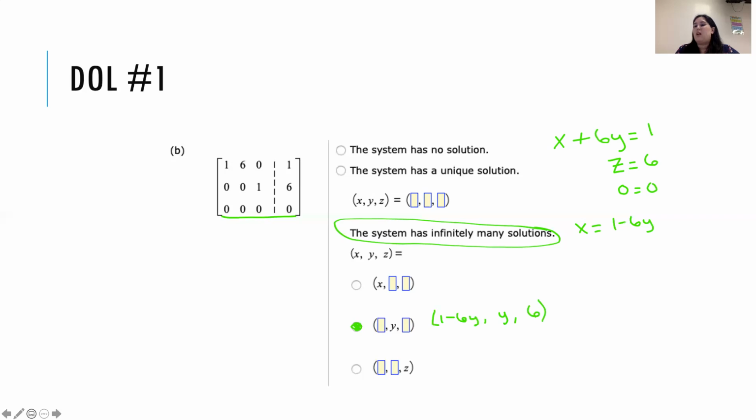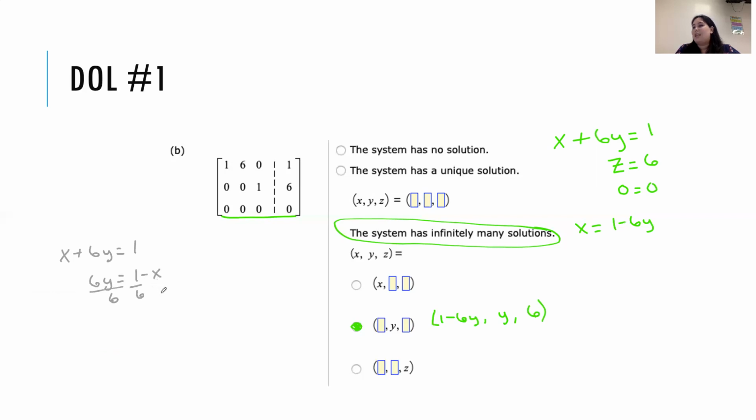If you wanted to solve for y, and this depends more on Desmos than what your preference is, if they let you do a fraction, you can actually put it in terms of x. So if we had x plus 6y equals 1, I could rewrite this as 6y equals 1 minus x. Divide everything by 6.